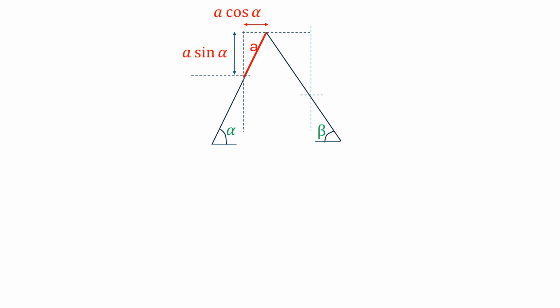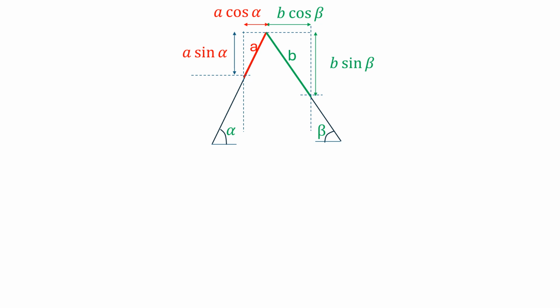Similarly, you have the shortening of bar BC, and let us say B is the shortening of bar BC. It will have its components B cos beta and B sin beta, like this.